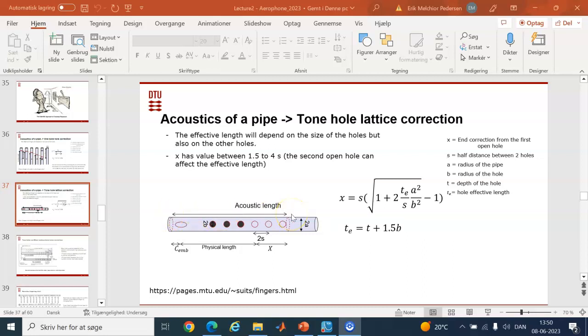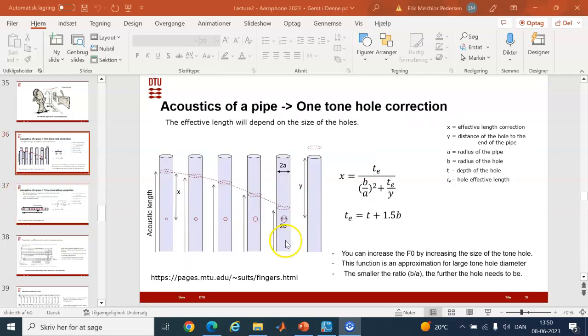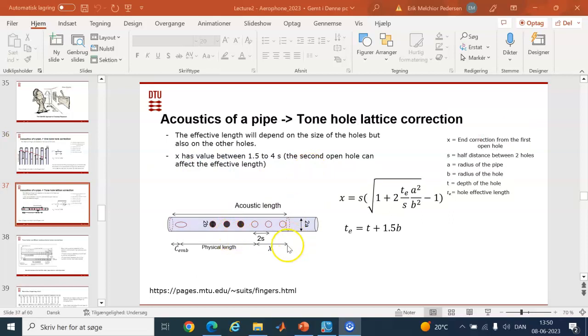The acoustic length is the sum of the embouchure correction plus the physical length plus the distance from the hole, as seen before.